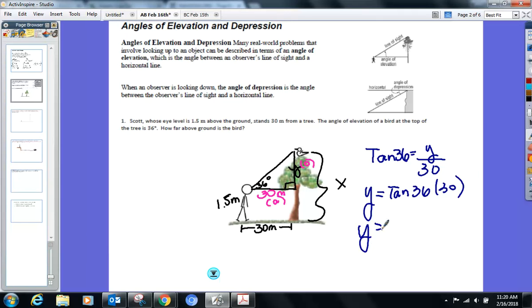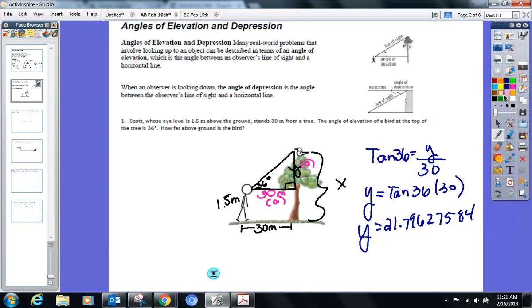So I believe I end up getting 21.79627584. That's bird to eye level, plus another 1.5.